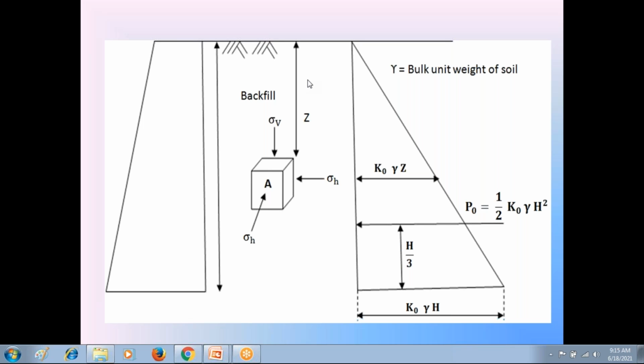Dear students, if you have any doubts about this at rest horizontal earth pressure, the picture is in front of you on your cell phones. If you have any doubts about that picture or the distribution or the calculations, you please discuss with me.